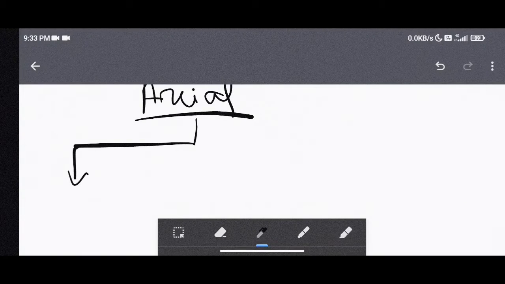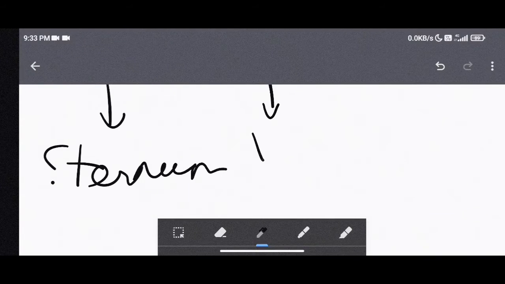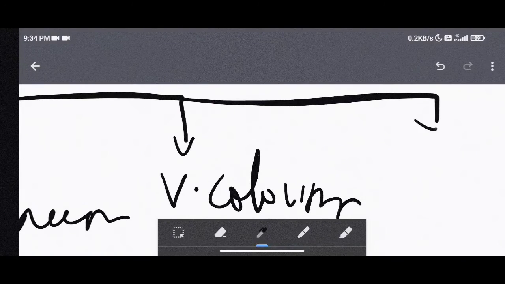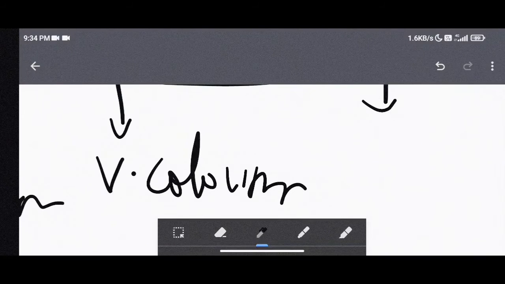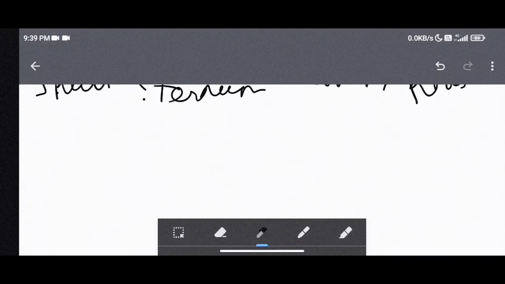One is the skull, another is the sternum, another is the vertebral column, and another is the ribs. So let's study the skull now.